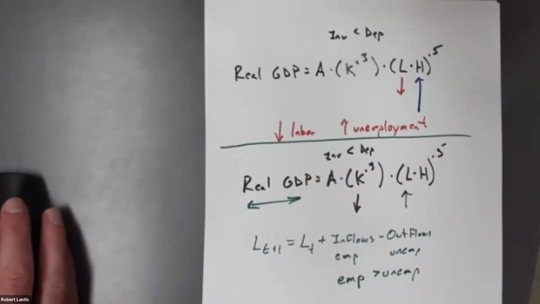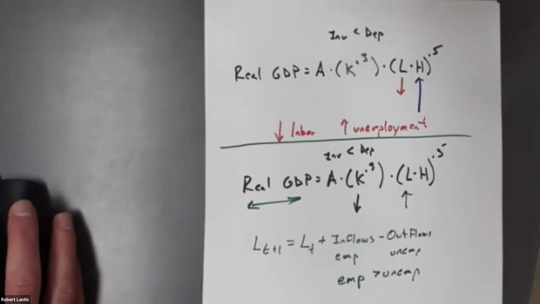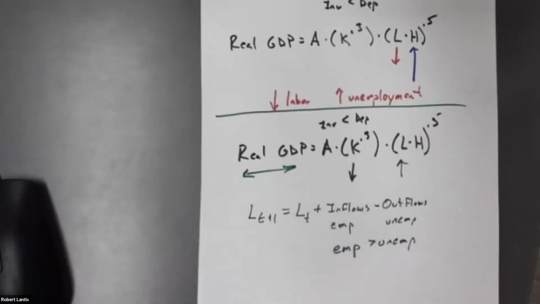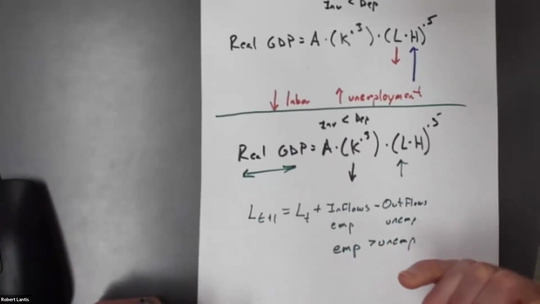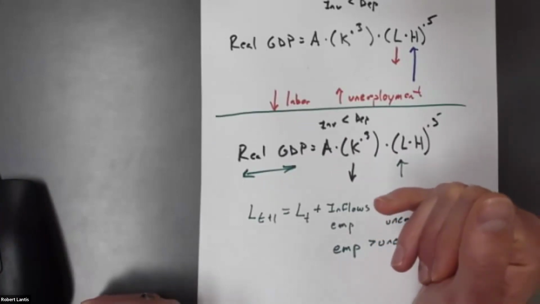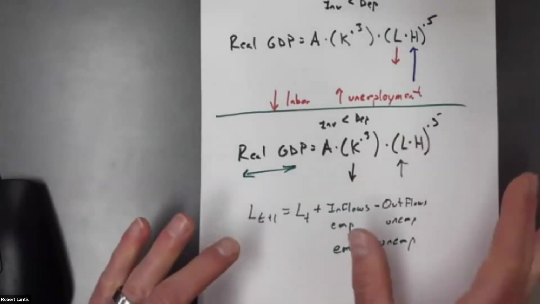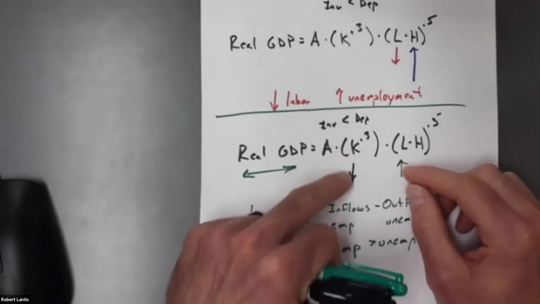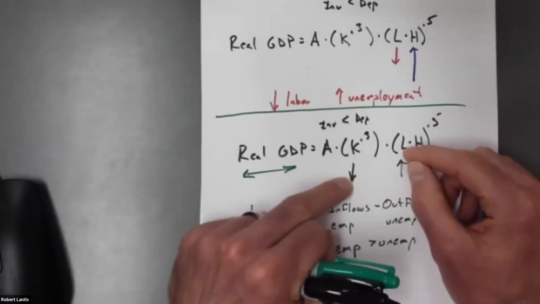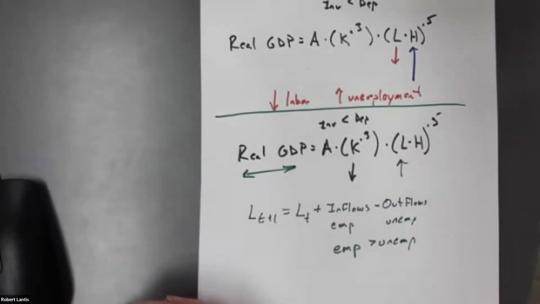Just to reiterate a point, though, because I think we're going to have time to finish everything anyways. What if I saw the same percentage? So let's say capital and labor start out the same, and I saw the same decrease in capital as I did the increase in labor.